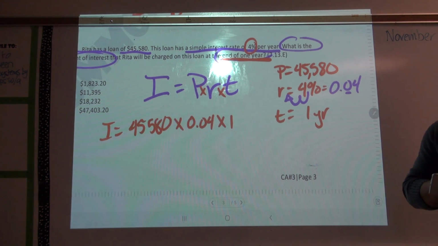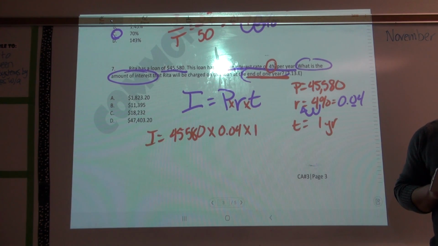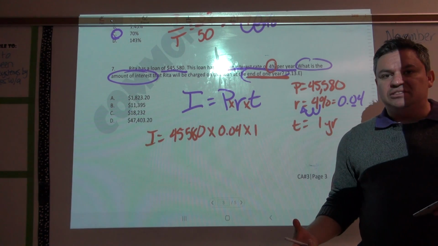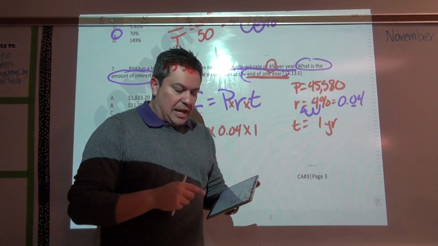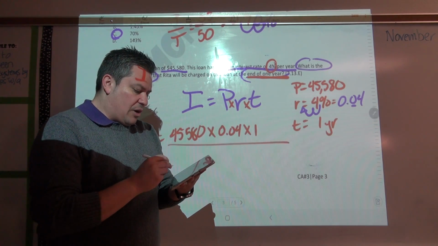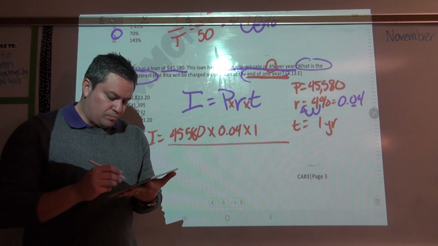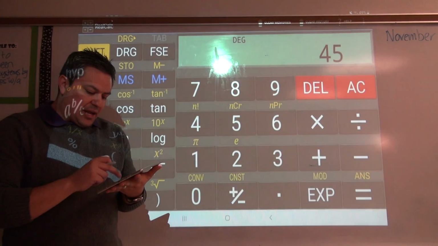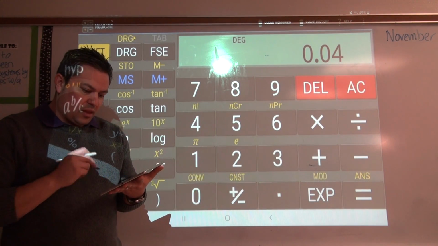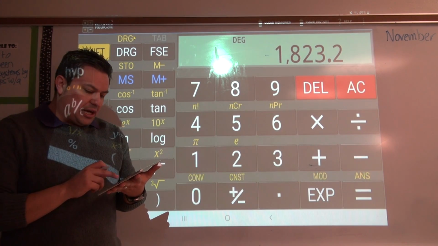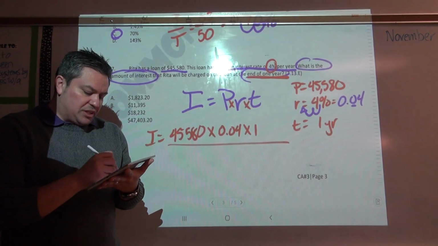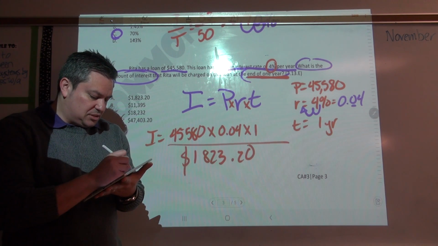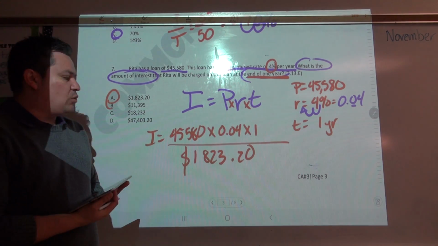And when you multiply them, what do you get? It's only 1 year, so you really don't need to multiply by 1 because it's going to give you the same answer, right? So when you multiply these numbers, 45,580 times 0.04, you get $1,823 with 20 cents, which is A. Any questions on this one, guys?